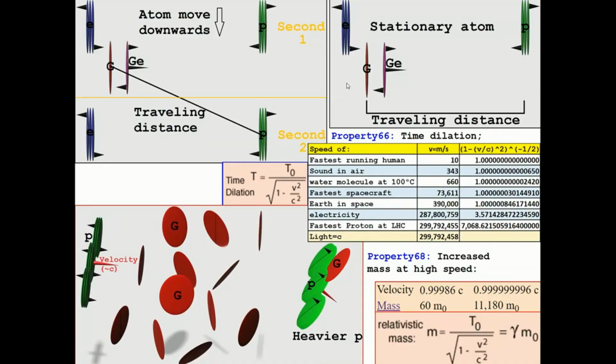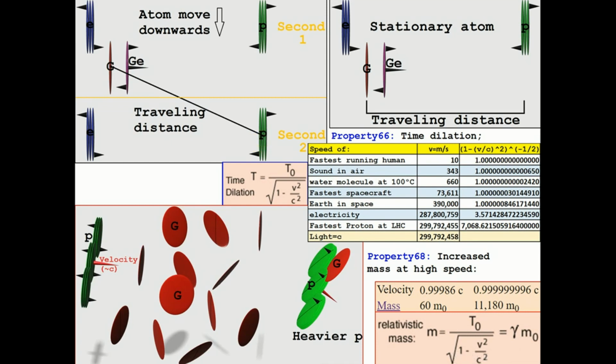reflection. If an atom moves very fast downward, like in the upper picture, the distance that the GE particle will have to travel in order to reach the proton will increase. But because the measured speed of light is constant, in other words, the time required for all the GE particles emitted from the E particle to clear the distance to the proton from the disturbing G is constant per unit length, the time it takes the GE particle to reach the P particle will increase.